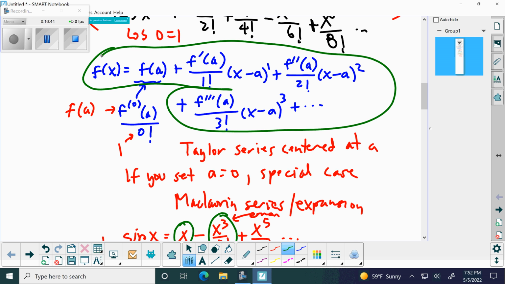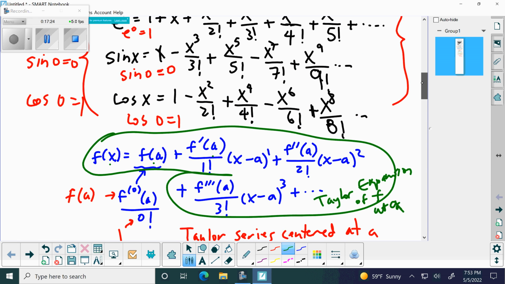F of x is equal to f of a plus f prime of a divided by 1 factorial times x minus a to the first, plus f double prime of a over 2 factorial times x minus a squared, plus f triple prime of a, meaning third derivative, evaluated at a, over 3 factorial times x minus a cubed and so forth. So this is the Taylor expansion of f at a.